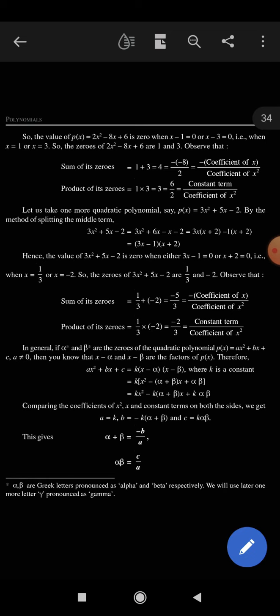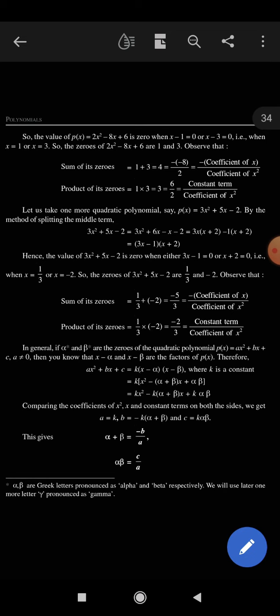So the value of p(x) is equal to 2x square minus 8x plus 6 is 0 when x minus 1 is equal to 0 or x minus 3 is equal to 0, that is, when x is equal to 1 or x is equal to 3. So the zeros of 2x square minus 8x plus 6 are 1 and 3.